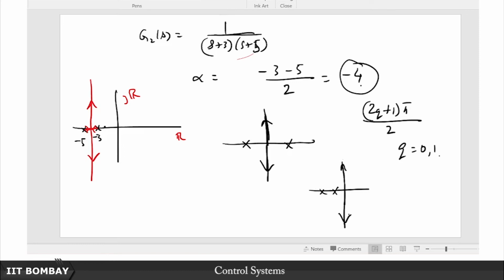So this asymptote, although it tells me the direction of the asymptote as k is very large, it is not really very meaningful in inferring such things as whether at very high values I am losing my stability or not, whether it is crossing over from the left half plane or not. So these two have identical asymptotes if I did not account for this difference in alpha. So that is why that evaluation of the centroid is critical.